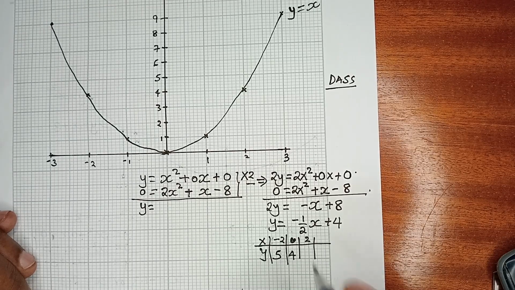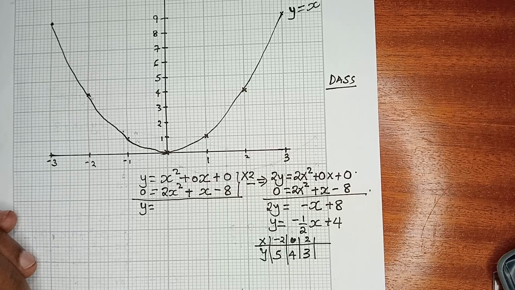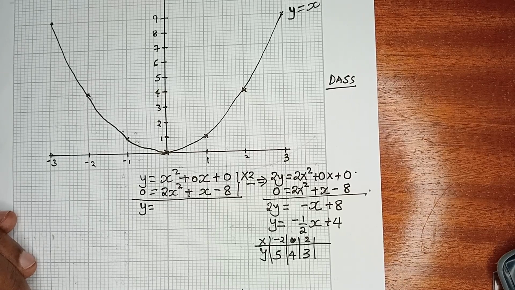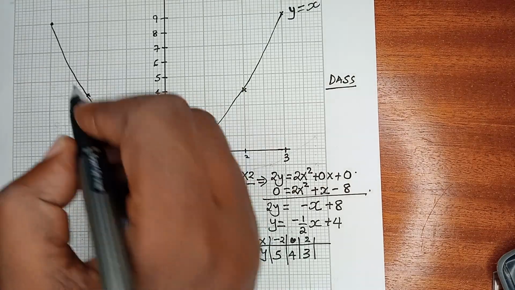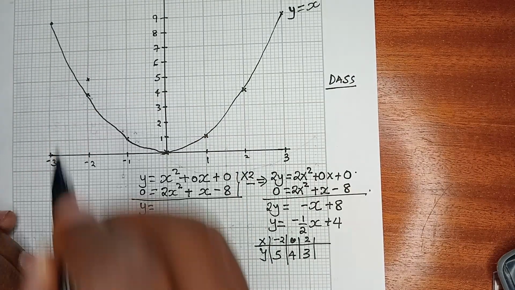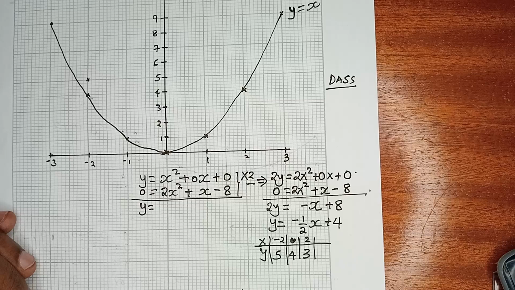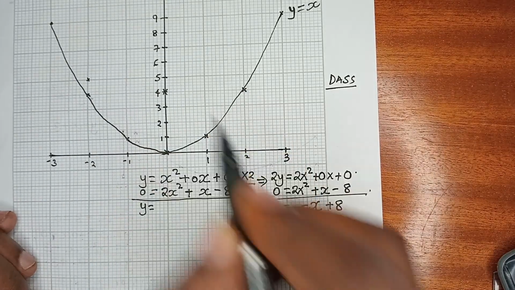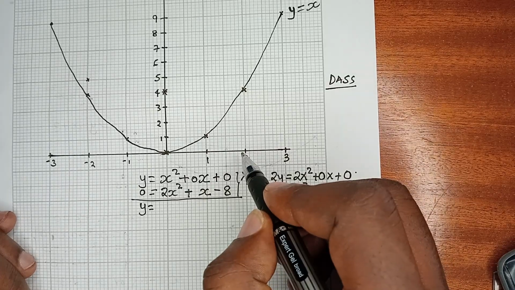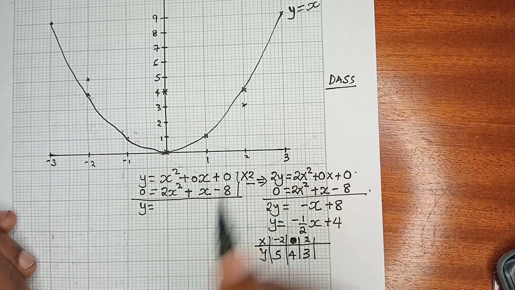Minus 1 plus 4 is 3. And that is the information that we bring here. When x is minus 2, we have 5, so that we are plotting that. When x is 0, we have a 4. And when x is 2, we have a 3.